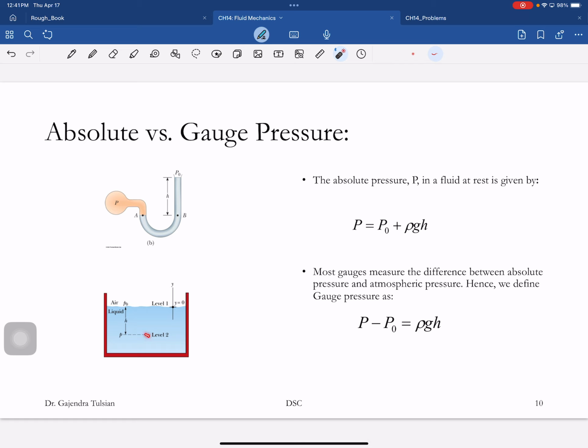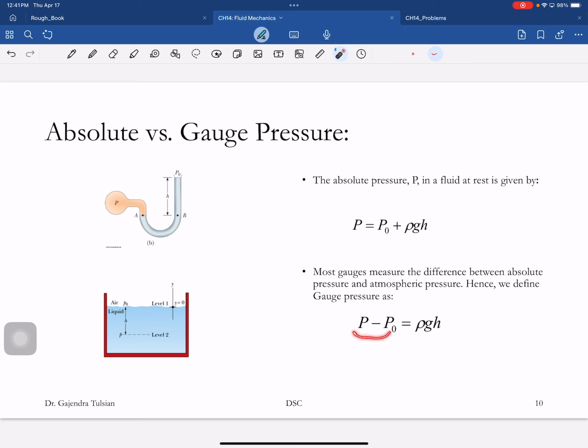So the pressure at this depth in the fluid was given by that: atmospheric pressure plus the pressure due to this column of liquid. Now we define something called gauge pressure, because most gauges that you buy in the store to measure pressure don't actually measure the actual pressure. They measure the actual pressure minus atmospheric pressure.